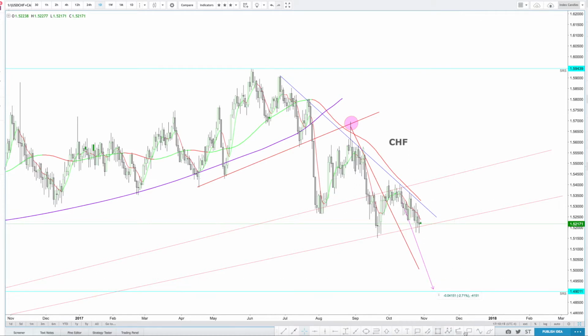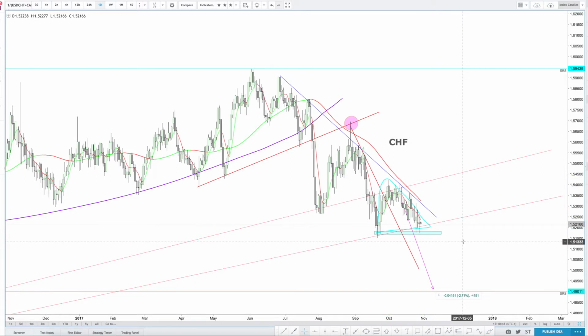So we need to watch for this support, because we're kind of bouncing off of it now, and we need to be aware of this triangle now that we have formed. And let me change the color of it so you can see it. Okay, it's a little pretty thick.